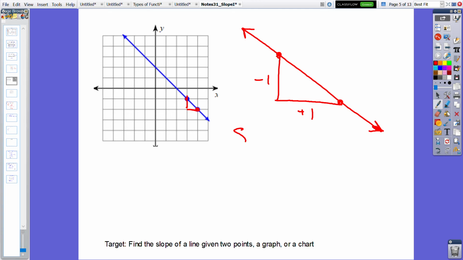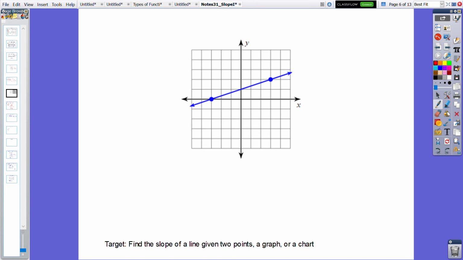Okay, so then that means our slope for the line is going to be -1 divided by +1, or just -1. Okay, and once again, we can keep that pattern up: if we start at any point on the line and go down 1, over 1, down 1, over 1, we can see other points that are on this line as well.